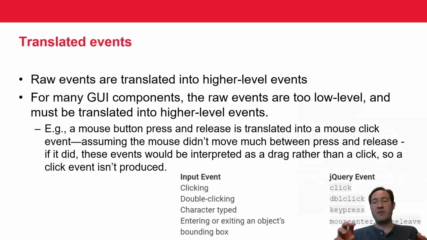If the mouse moves, it would be interpreted and translated as a drag and not a click. Essentially, it's just a little state machine that runs. These input events, clicking, double clicking, character typed, are all represented in jQuery by these event types that we can listen for in our JavaScript or jQuery script.